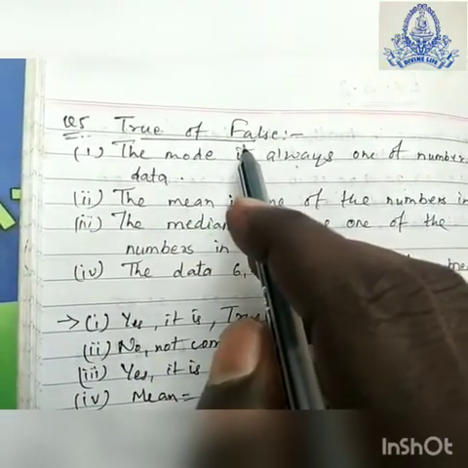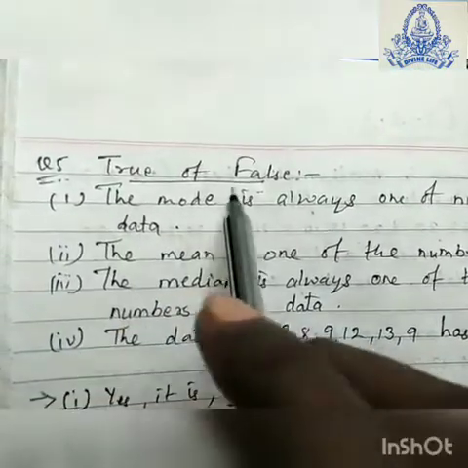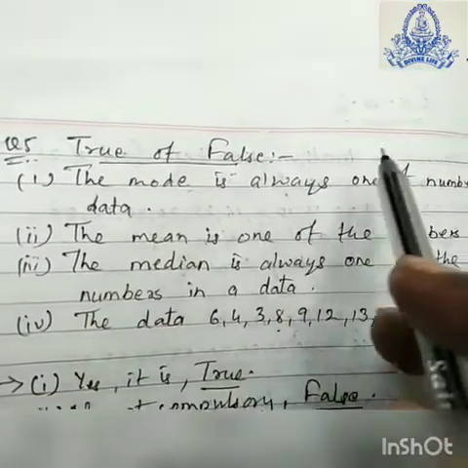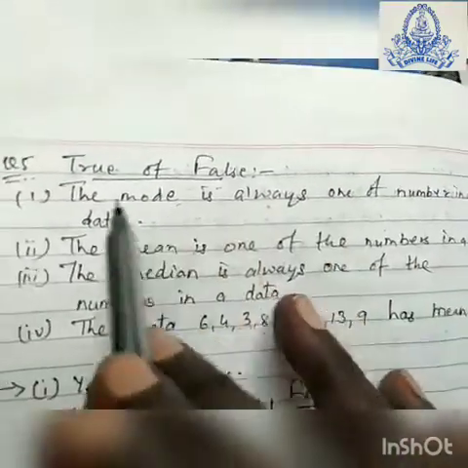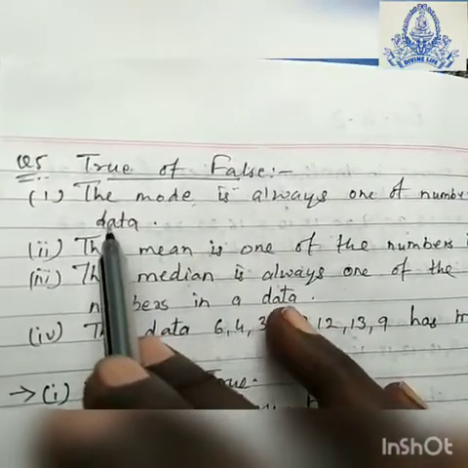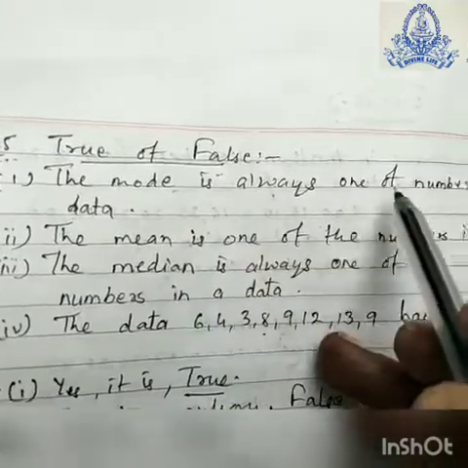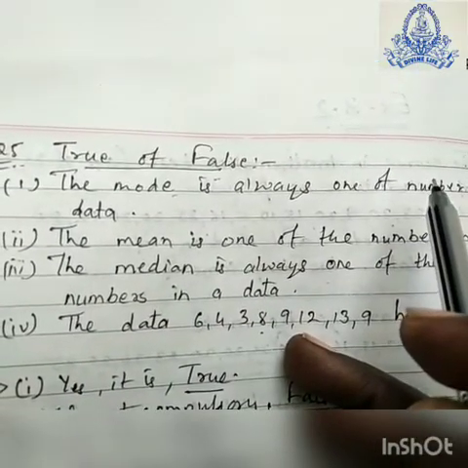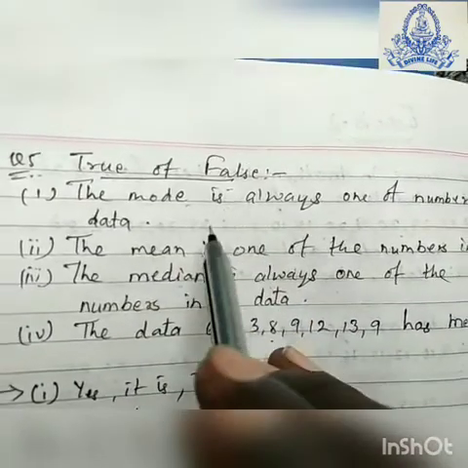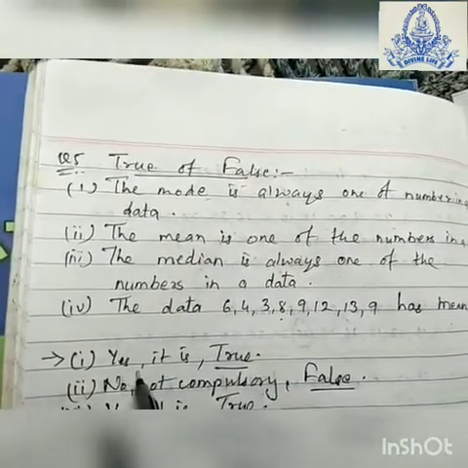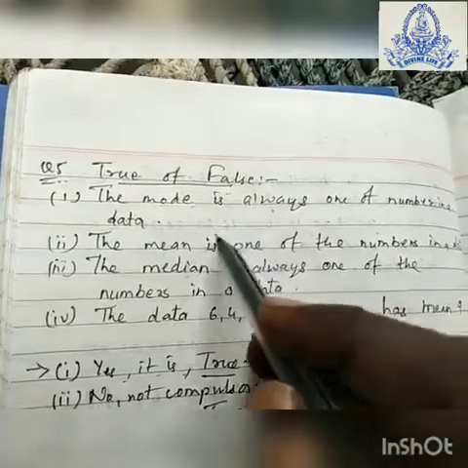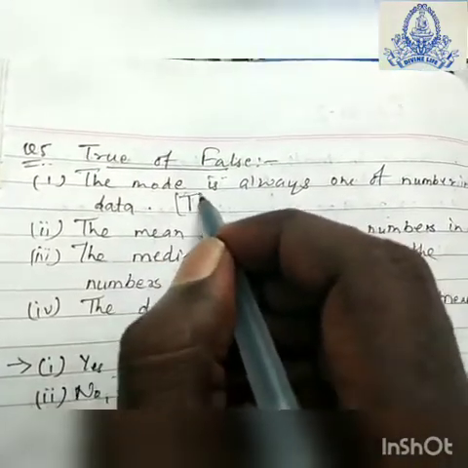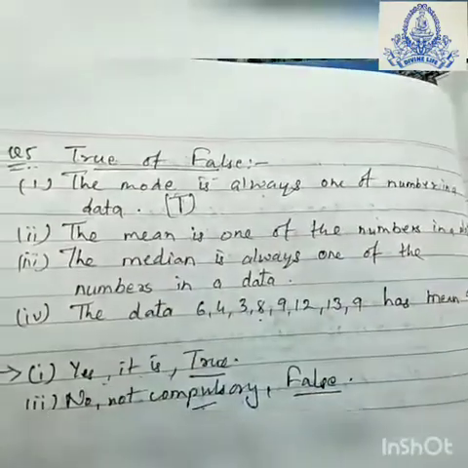The first statement: the mode is always one of the numbers in a data. Whichever numbers are given in the observation data, the mode is one of them. Yes, it is true, because mode is out of the numbers given in the question.